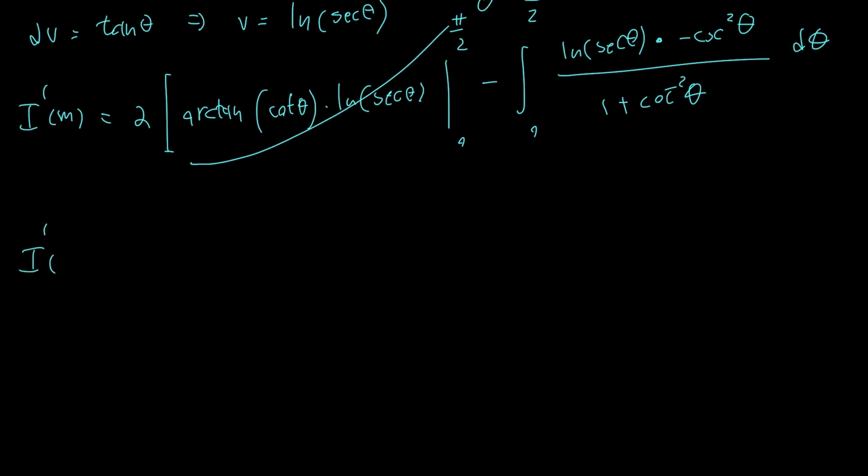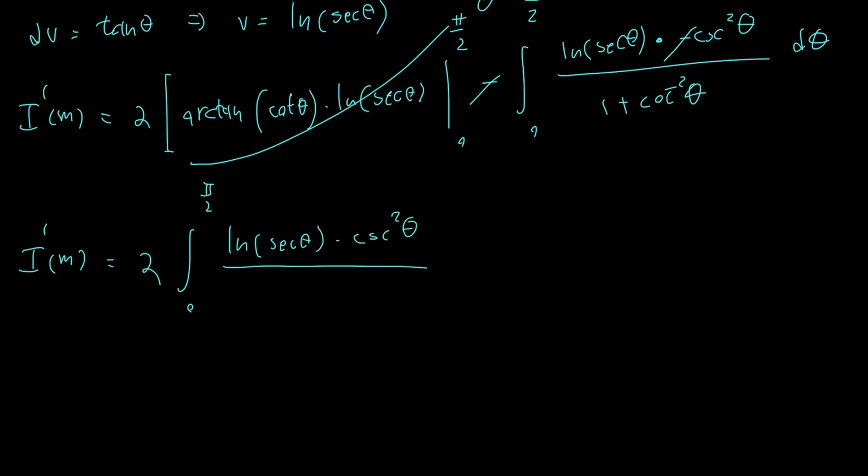So we have I prime of m equals twice, and as you can see, these negatives end up canceling. So we have twice the integral from 0 to pi over 2, the natural log of the secant of theta times cosecant squared theta divided by 1 plus cotangent squared theta d theta, and we'll use the following standard trig identity that 1 plus cotangent squared theta is just the cosecant squared theta.